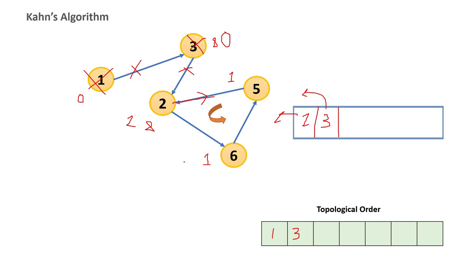That's why their in degree value will never become 0. So we have to stop the process there. That's why, at the end of Kahn's algorithm, if the number of nodes we get is less than the total number of nodes, it obviously contains a cycle. That means it is not a valid scenario for this graph to have a topological sort order.